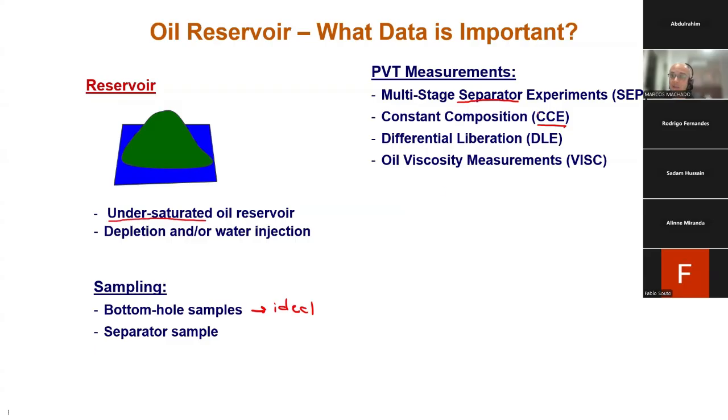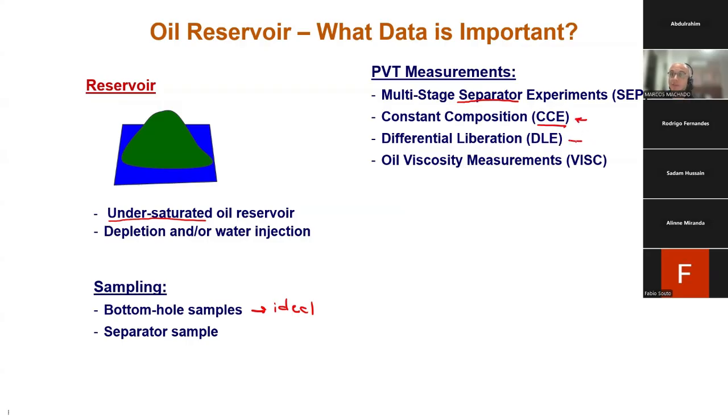So the way the fluid behaves during this range is very relevant for us. We should be very accurate in representing the fluid behavior measured by this experiment. This experiment is key for us, okay?